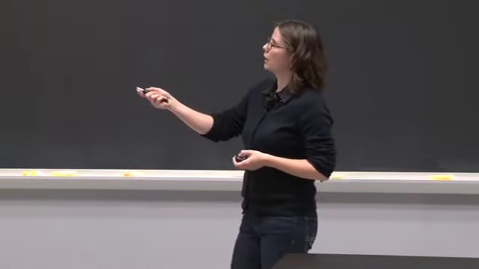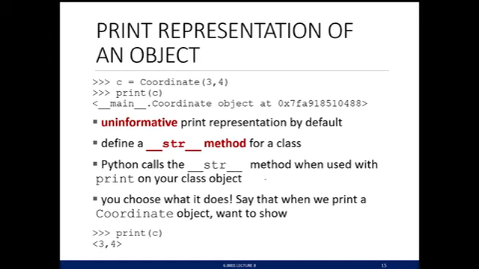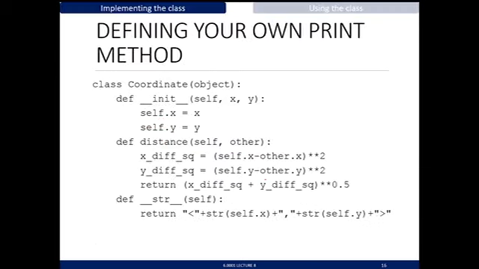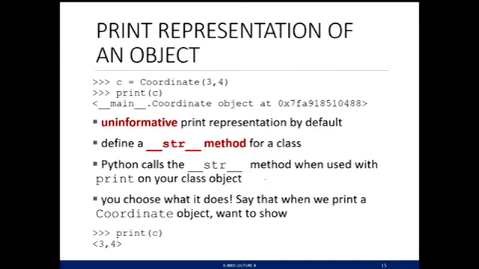So if you create a coordinate object, c is equal to Coordinate(3, 4), that's what we've done so far. If you print c, you get this funny message. Very uninformative. It basically says, c is an object of type coordinate at this memory location in the computer, which is not what you wanted at all. Maybe you wanted to know what the values for x and y were. That would be a lot more informative.